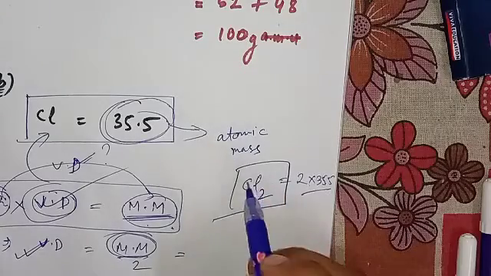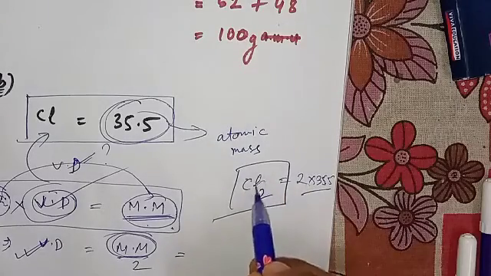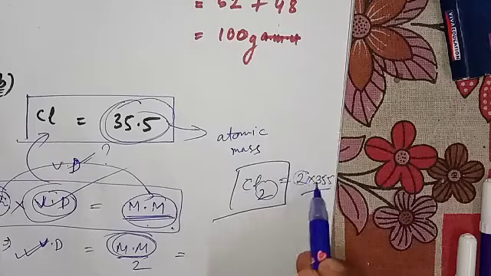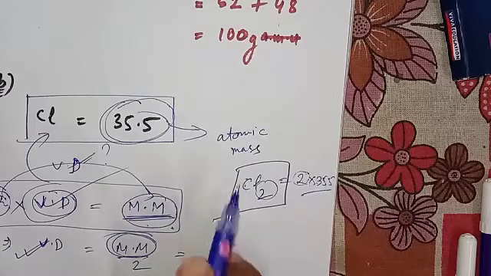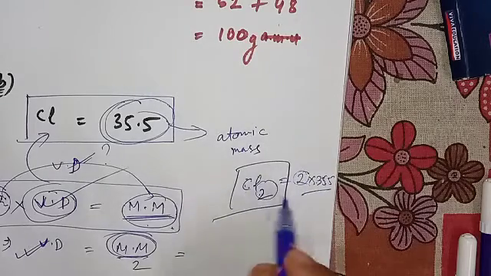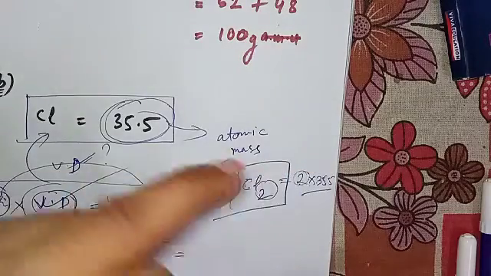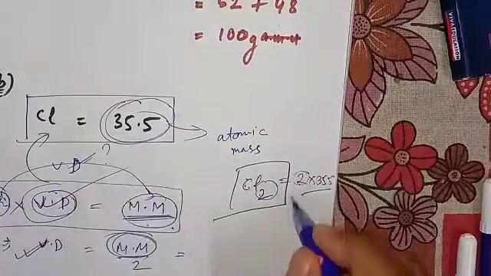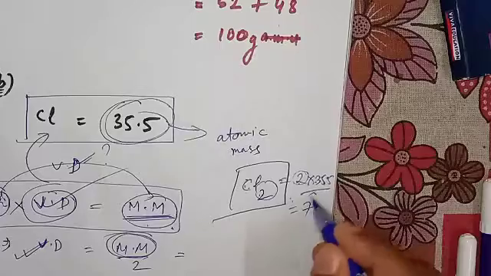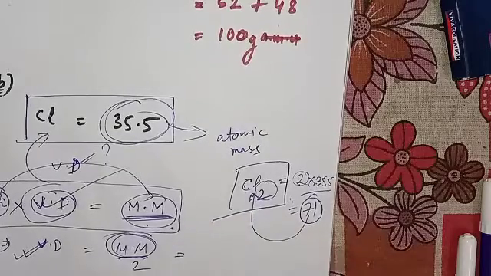Just now I explained how to calculate the molecular mass. If you know the molecular formula, write the atomic mass and take the number assigned to that symbol. Here 2 has been assigned to the symbol, that's why we multiply 2 with the atomic mass of that symbol. 2 into 35.5 will give you 71, and 71 is nothing but the molecular mass of chlorine.